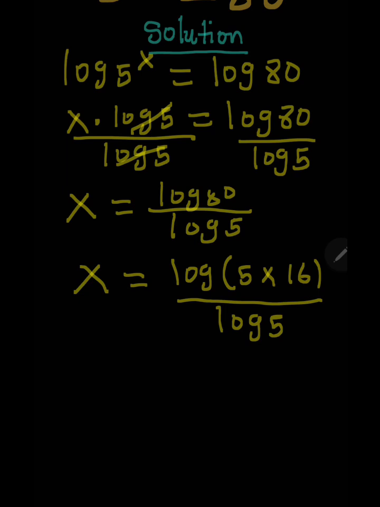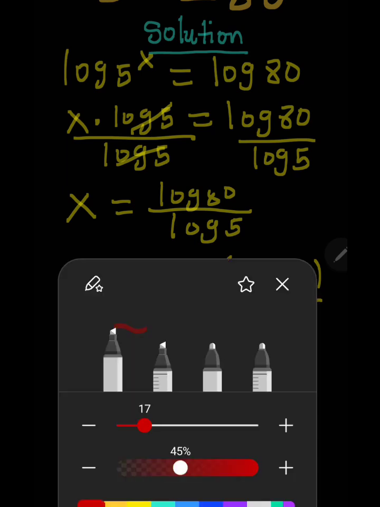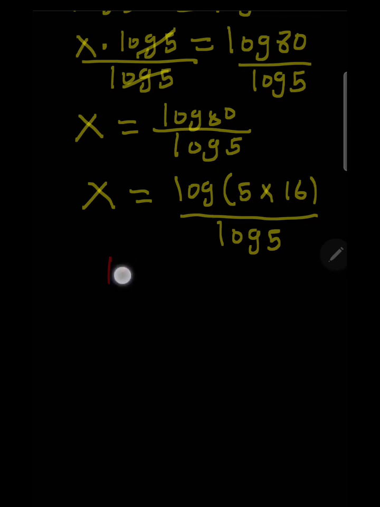The next thing we're going to recall is one of the properties of logarithm. We see that when we have log of a multiplied by b, this can be simplified as what? Log of a plus log of b. This is the property we're going to apply to the numerator in the right hand side. As you can see, a represents 5, while b represents 16.